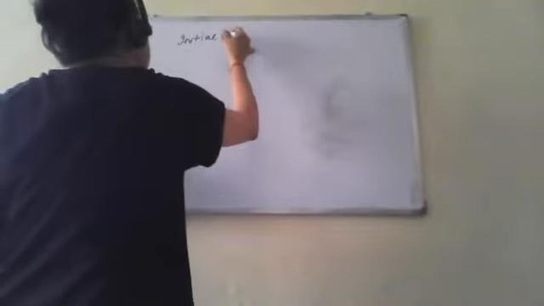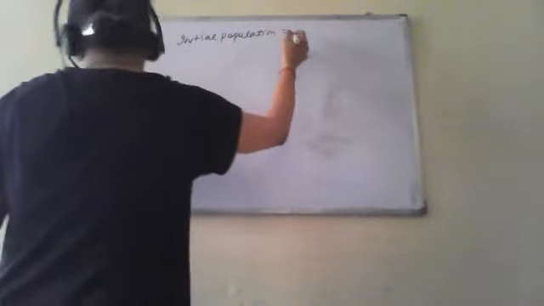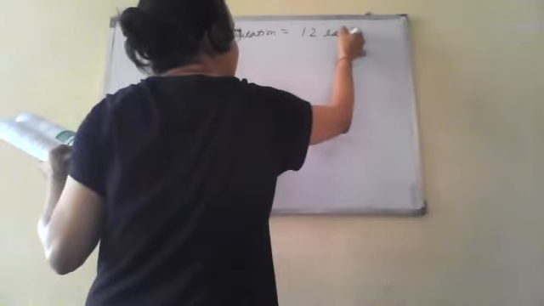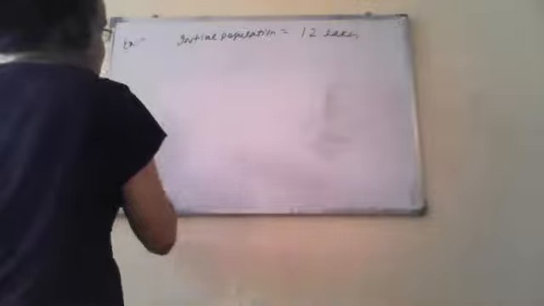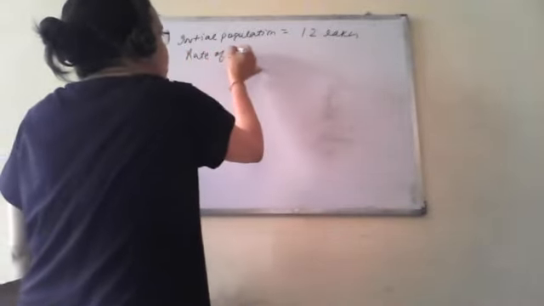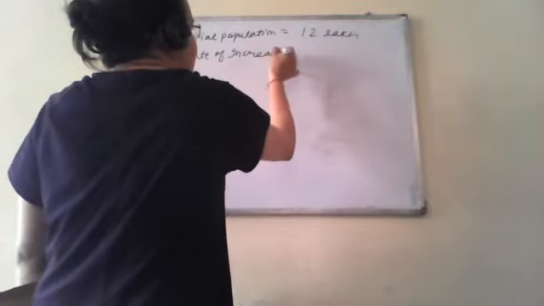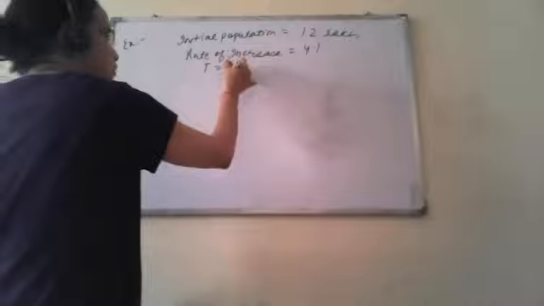Initial population is 12 lakhs. It is increasing at 4%. Rate of increase is 4% and the time period we have been given is 2 years.